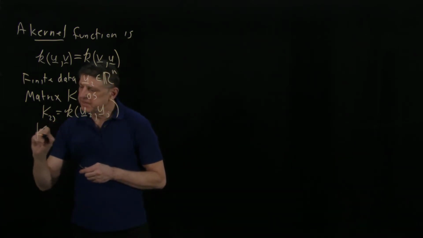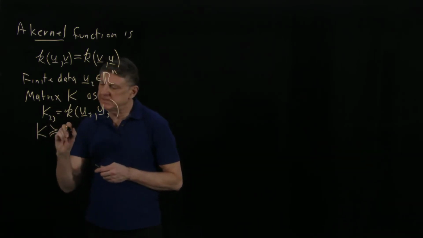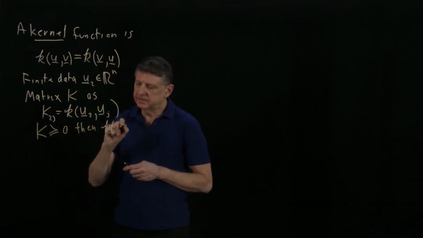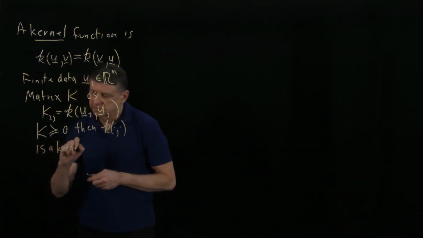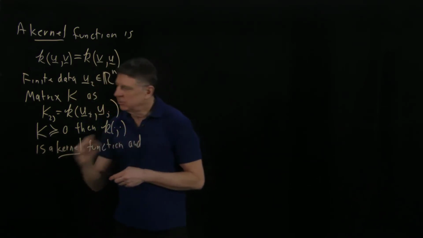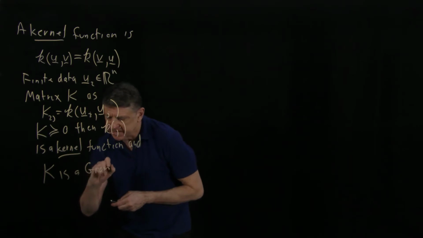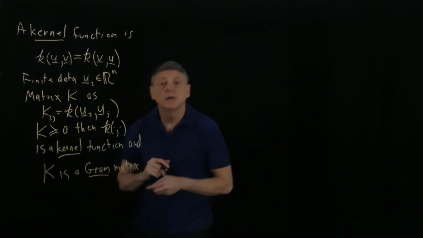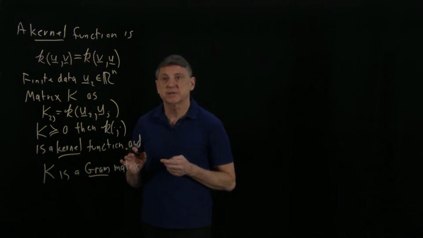This matrix by construction has to be symmetric, and if it is positive semi-definite, we'll say then this function is a kernel function, and we'll say that K is a Gram matrix. This is named after the mathematician Gram, who we also might realize is the same Gram as in Gram-Schmidt orthonormalization.